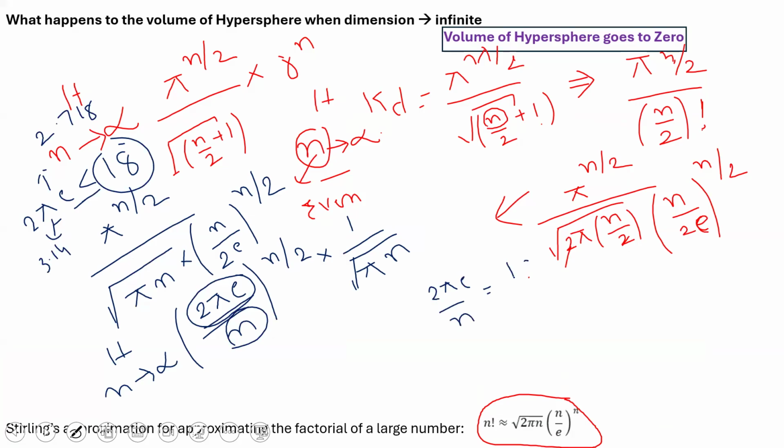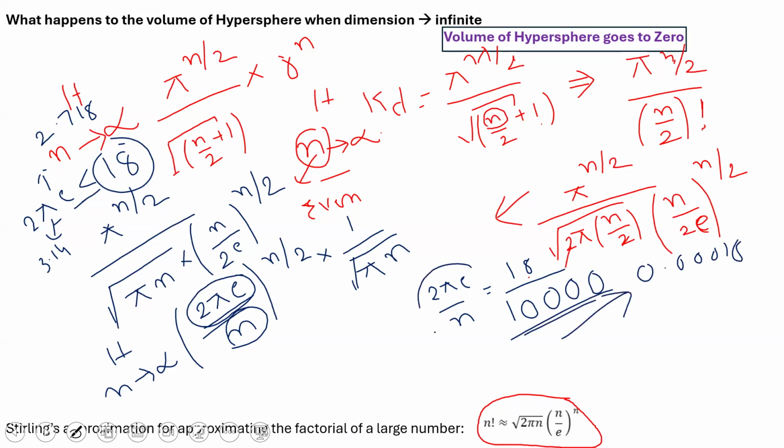Let's suppose 18 by, say, 10,000. It is coming close to 0.0018, right? When this n keeps on increasing, this value will approach 0, right? The complete value goes to 0, right? Agreed with it?